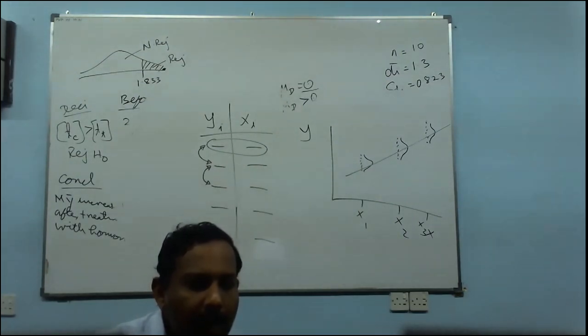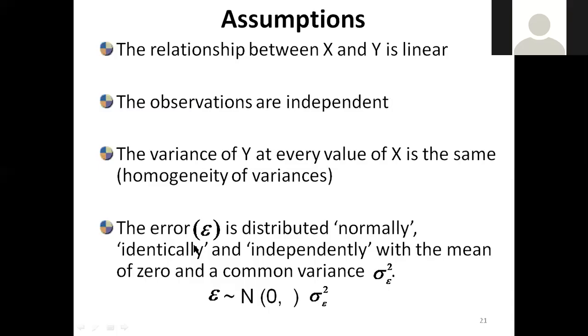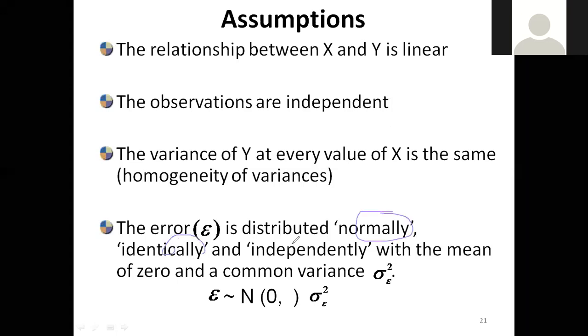The next assumption is that the error is distributed normally, identically, and independently. These three words are very important: normally, identically, and independently. With a mean of 0, the error mean is 0, and with a common error variance sigma square.